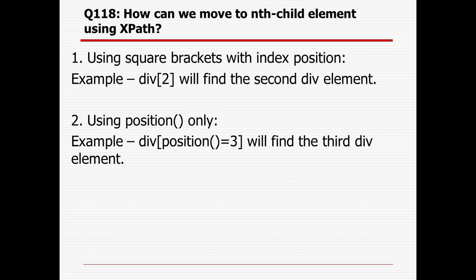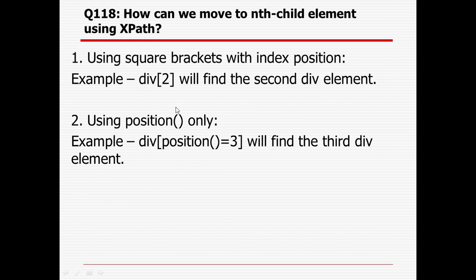How can I move to the nth child element using XPath? Whenever you are creating an XPath, there are a lot of elements available, and if you want to go to a particular element, you need to use the index position. So you already created the XPath, and if you give the index position 2, it will go to the second div element.